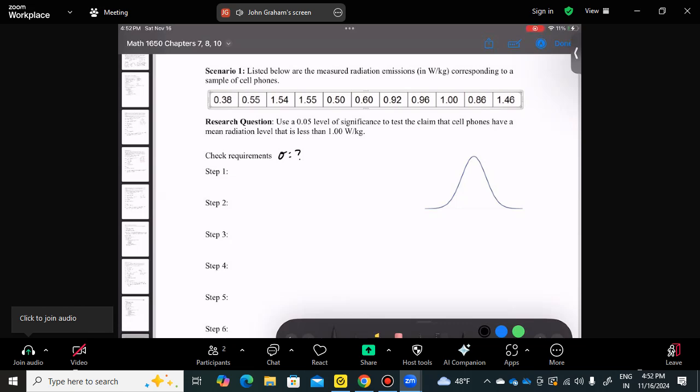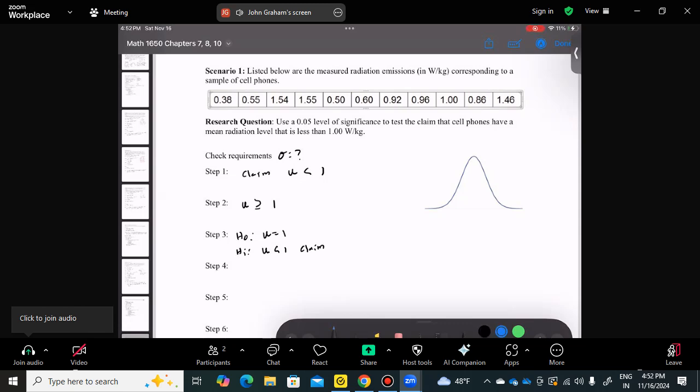First step is to write up the claim. Claim is that the mean is less than 1, and the opposite of this claim is that the mean is greater than or equal to 1. So our null hypothesis is that the mean equals 1. The alternate hypothesis is that the mean is less than 1, which is the claim.